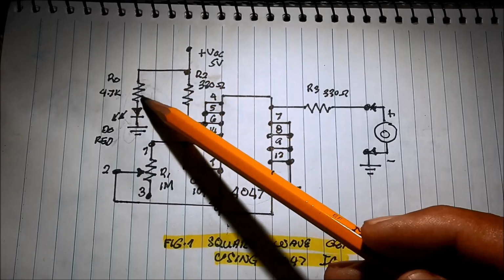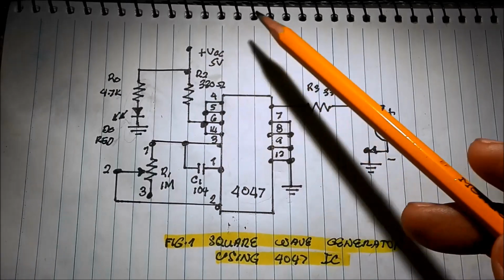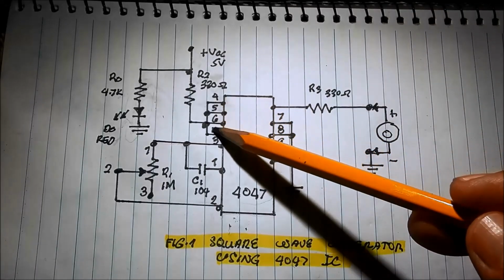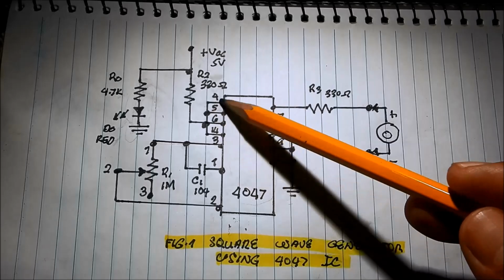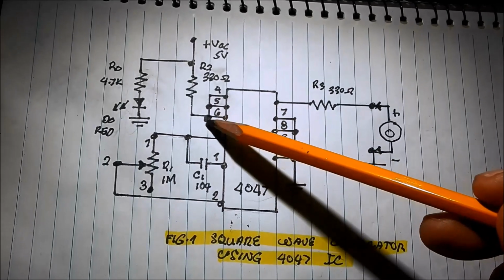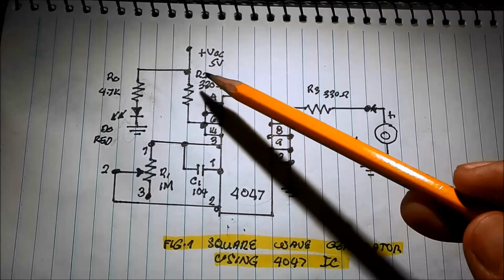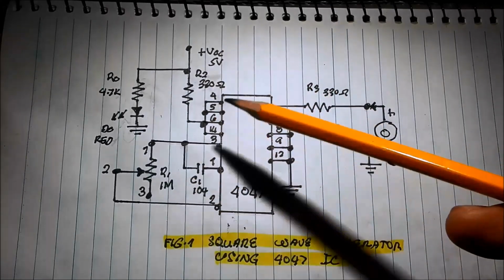Just a power indicator. Then the 5 volt supply. Then pins 4, 5, 6, and 14 are connected to the R2 330 ohm resistor to the 5 volts.